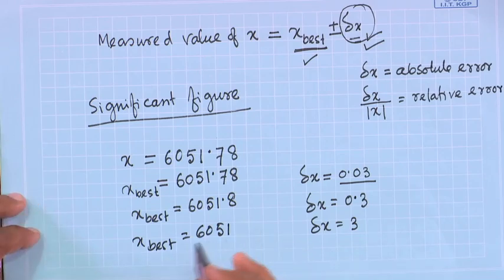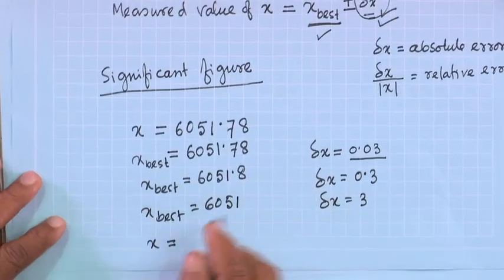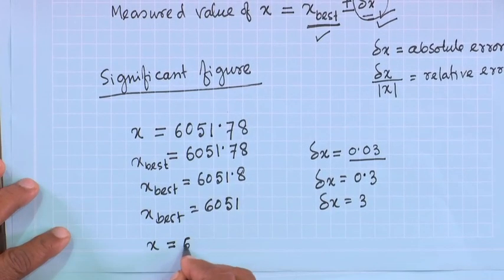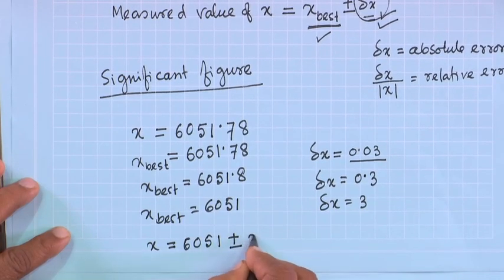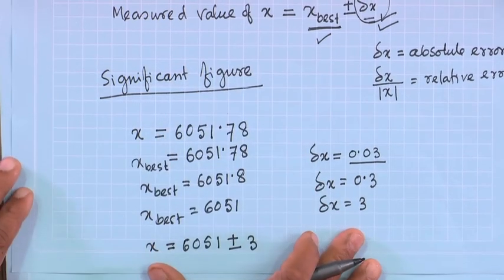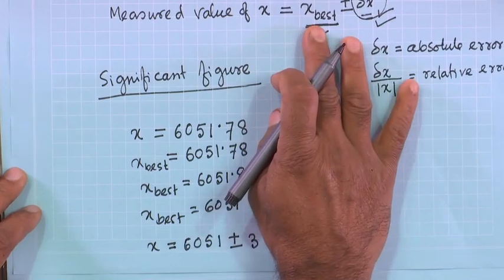So, your result, x, you have to write as 6051 plus minus 3. Okay. So, this is the way one has to write the result: x equal to x best plus minus delta x. This way one has to write their result.